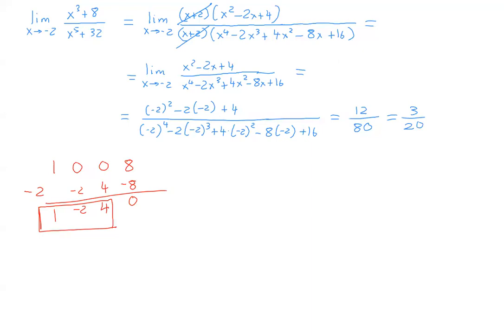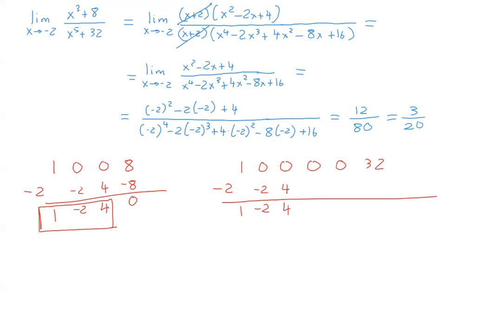How about the bottom? For the bottom, we have 1, 0 for 4th degree, for 3rd degree, for 2nd degree, for 1st degree, and then we have 32. And here we have negative 2. So we bring down 1. We multiply by a negative 2 and we find negative 2. We add it, it's negative 2. Negative 2 times negative 2 is 4. We add it.